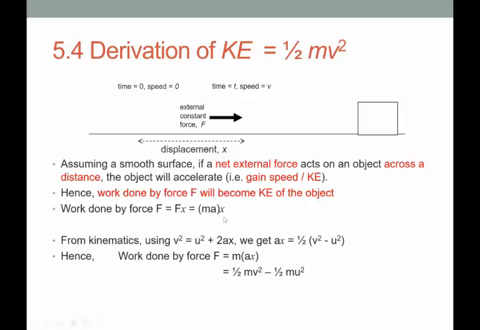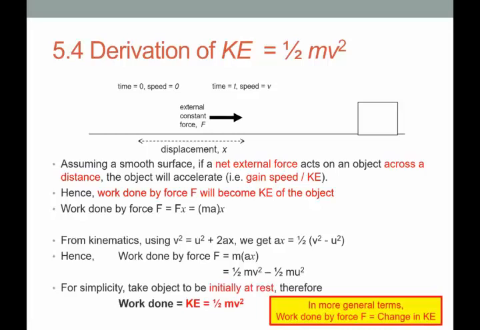If you recall your kinematics formula, v squared equals u squared plus 2ax, where x is the displacement, we can rearrange the equation such that ax equals half (v squared minus u squared). Substituting the ax into the work done equation, we have work done by F equals half mv squared minus half mu squared.